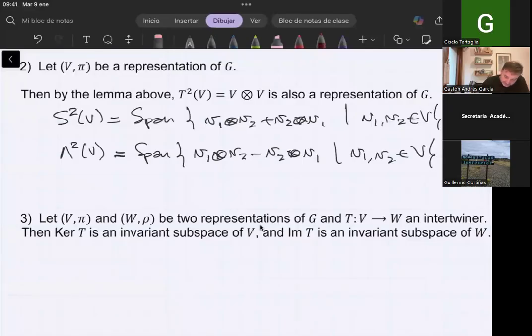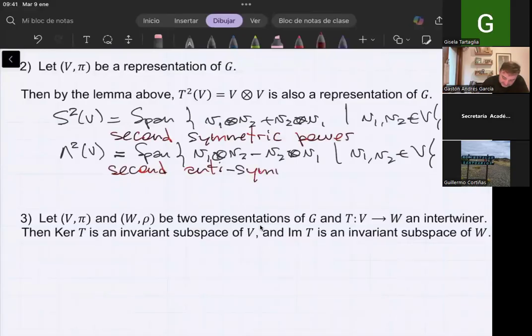So the first one is called the second symmetric power, and the second one is called the second anti-symmetric power, and they are both sub-representations.